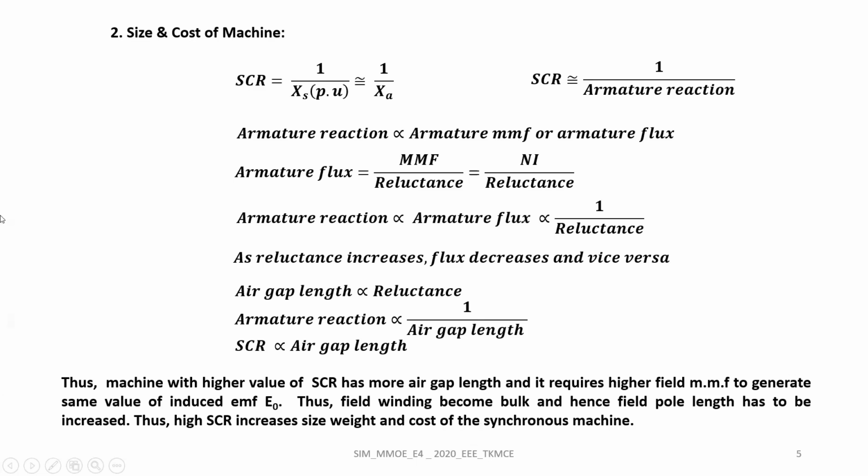Thus the field winding becomes bulky and hence the field pole length has to be increased. Thus a high value of SCR increases the size, weight and cost of the synchronous machine. So SCR is directly proportional to size and cost of the machine.